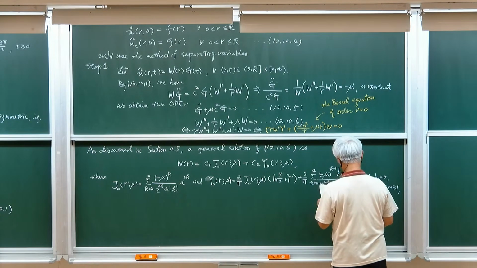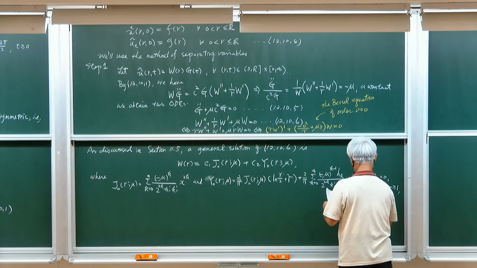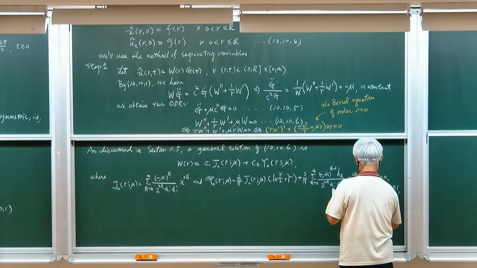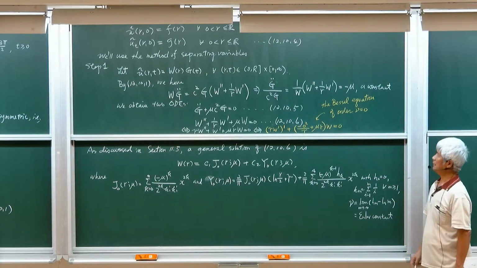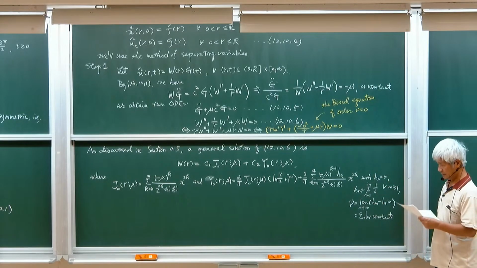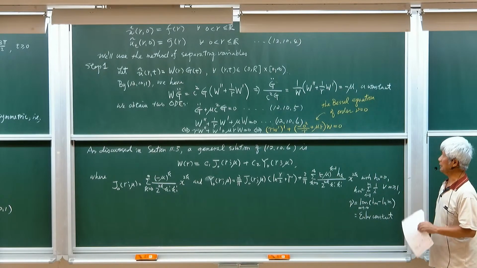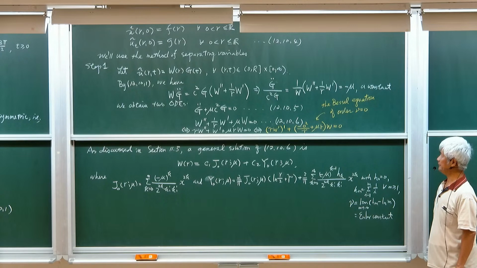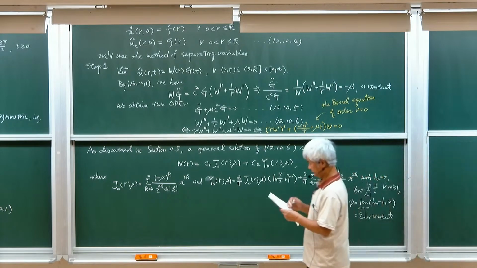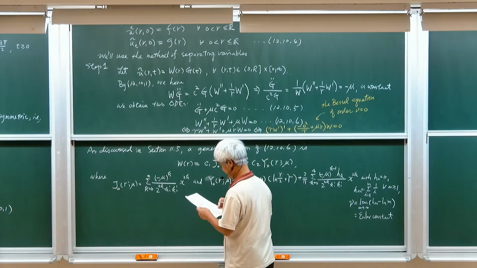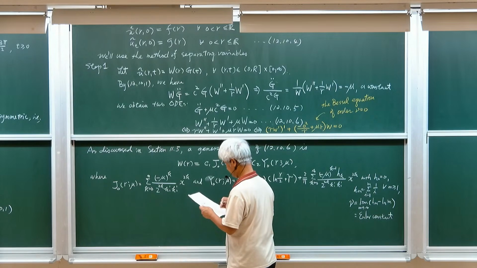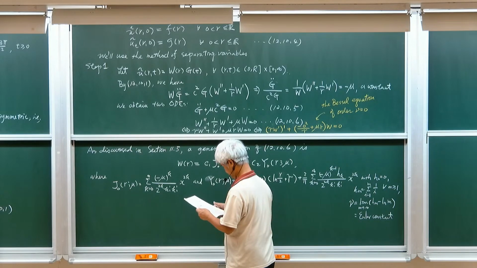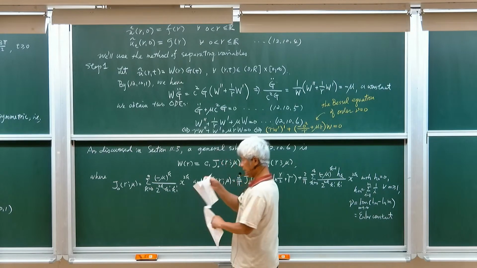So this is called the Euler constant. This information has been written in section 11.5. Any questions?